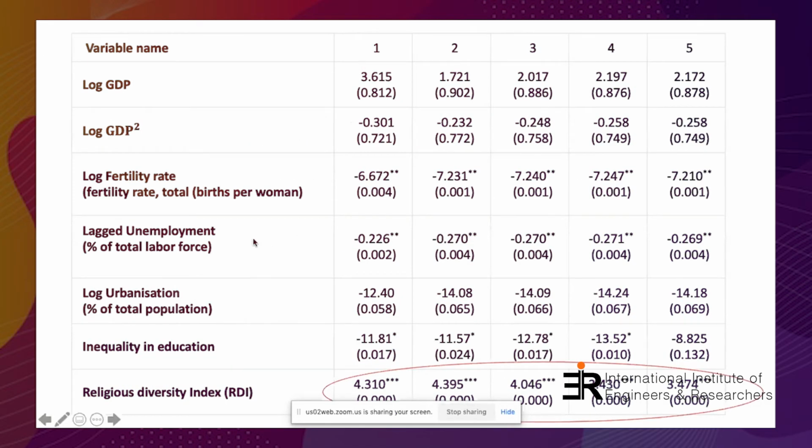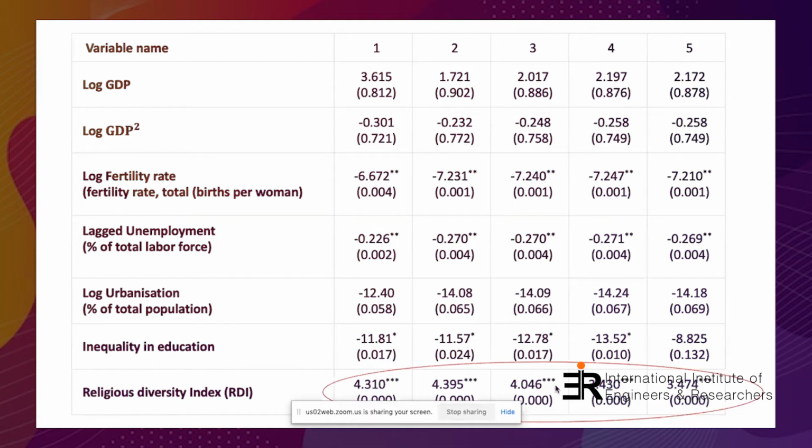And here is the result. The first interesting result, which is here, is the religious diversity index. You can see that there is a strong positive relationship between the religious diversity index and female labor force participation.